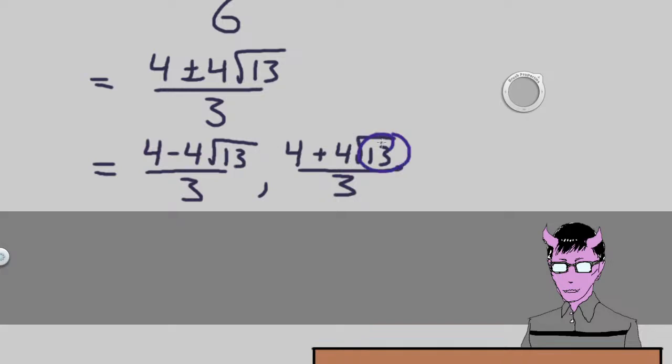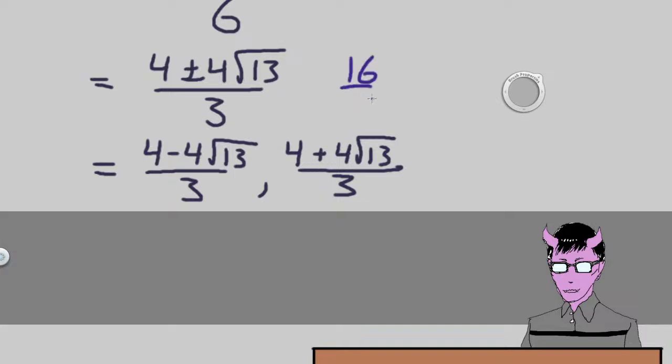So 4, this is a really bad number, right? So the closest one is 3. Square root of 9 is going to be 3. So this is bigger than 3, but let's just assume square root of 9 for simplification for the mathematics for the checking. So this is going to be square root of 9, which is 3, and then 3 times 4, which is 12, and then 12 plus 4 is 16 over 3.